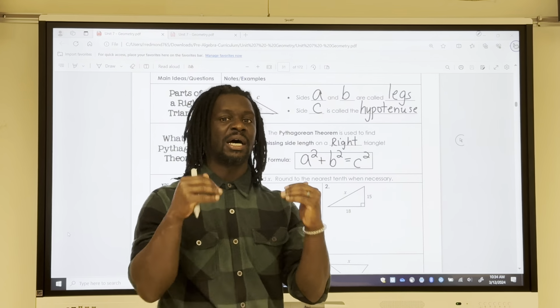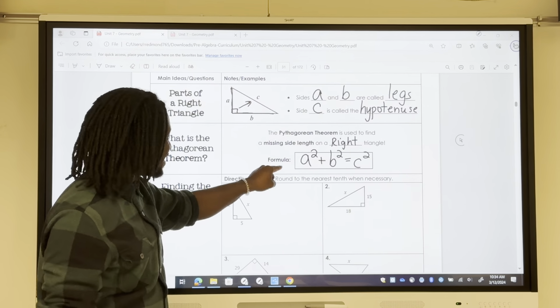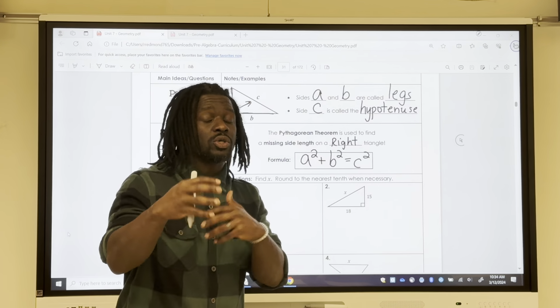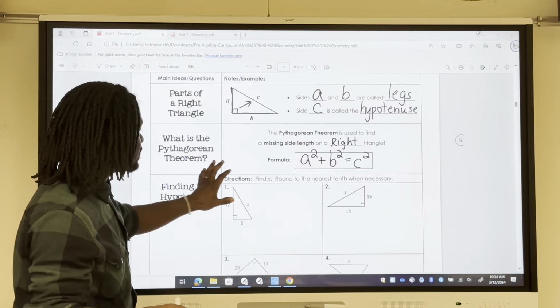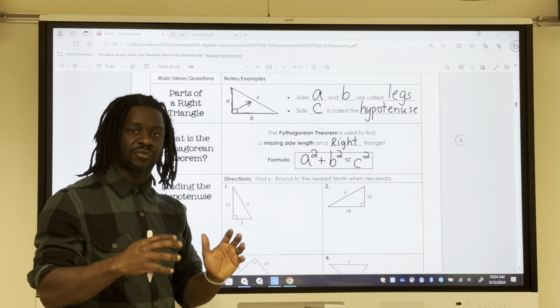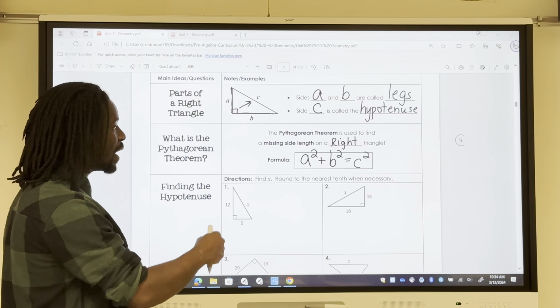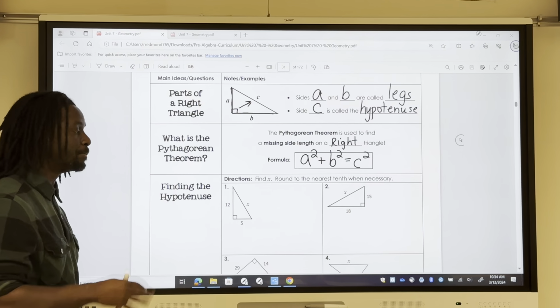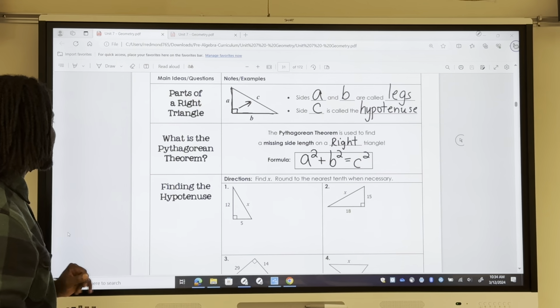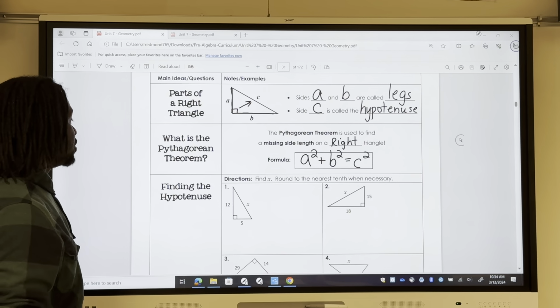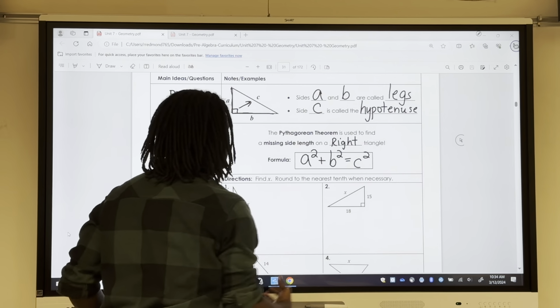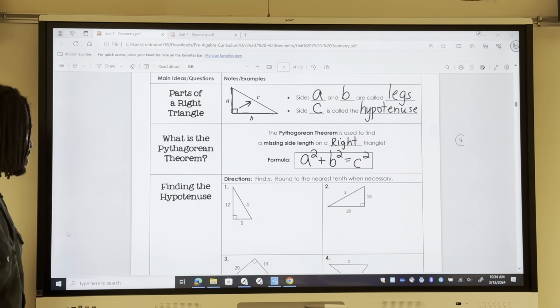For the purpose of today, I just need you to know this is the theorem, and after I've given you this framework, I'm going to show you in the next lesson how and why it works, okay? But for today, we are going to use this formula to find one of the missing sides.